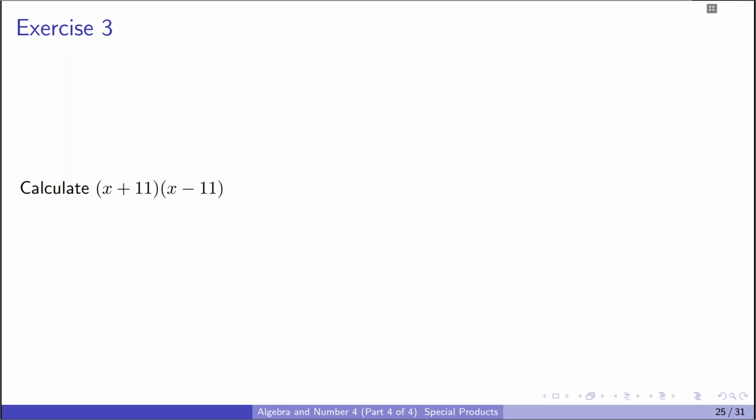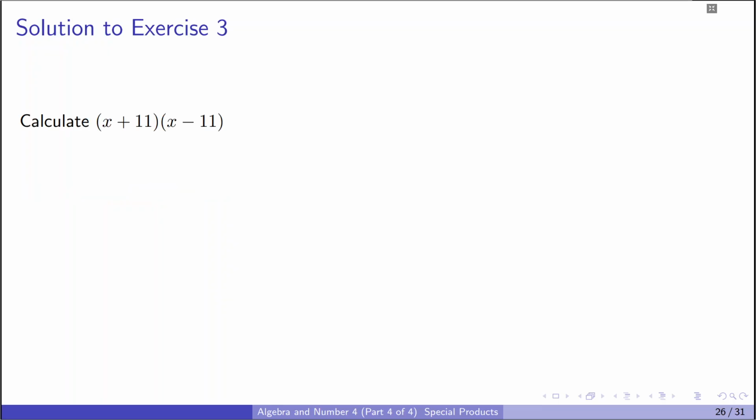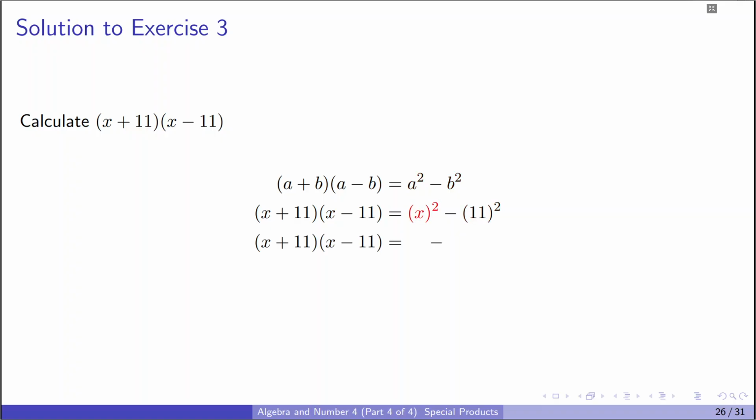Exercise 3. This is now difference of perfect squares. Pause now. Take whatever time you need. All right, the solution. In this form, a is x, b is 11. So x squared minus 11 squared is x squared minus 121.